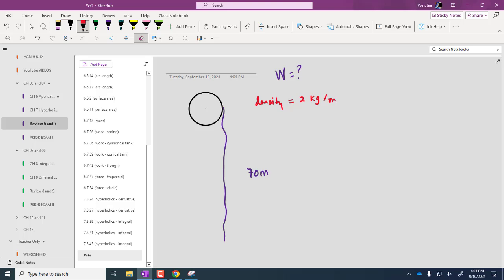As soon as we see that the density is given in one dimension, then we know we're dealing with 1D density and not 3D density. If we wanted the cross-section of the cable to matter, then we would have to be given kilograms per meter cubed, and we would have to know the diameter of the rope and all that stuff. Which we're not doing. So we're thinking of a cable or a hanging rope as just one-dimensional.